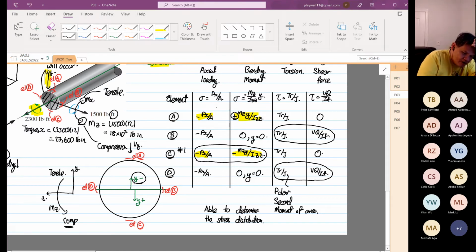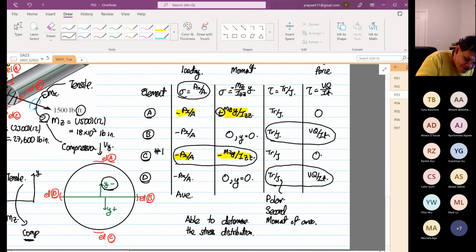This formula over here is the only one that calculates the average, because it's force divided by area. For the rest, you know the specific distance, the y distance, the radius, and the first moment of area.